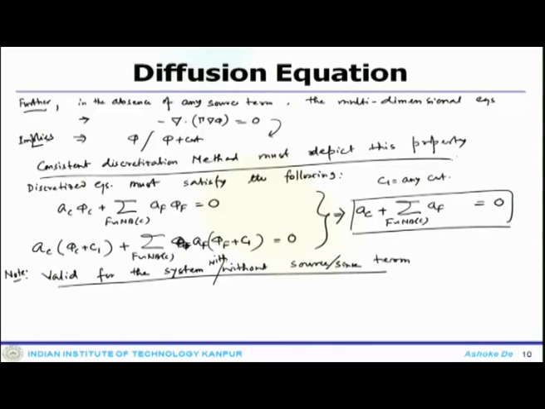So, if I rewrite, this can be rewritten as AC equals minus summation over f in NBC of AF, or one can write summation over f in NBC of AF divided by AC equals minus 1.